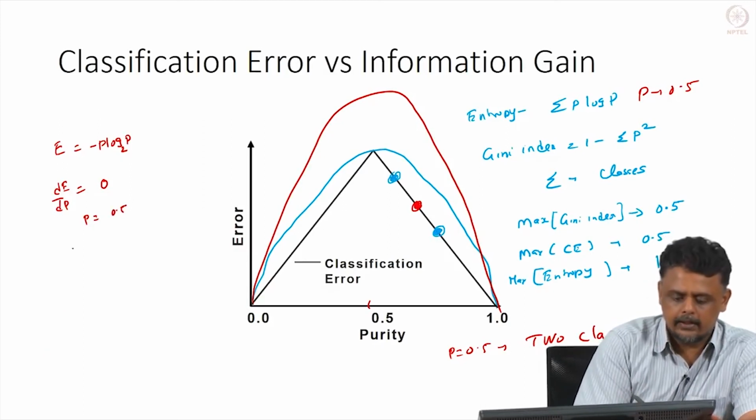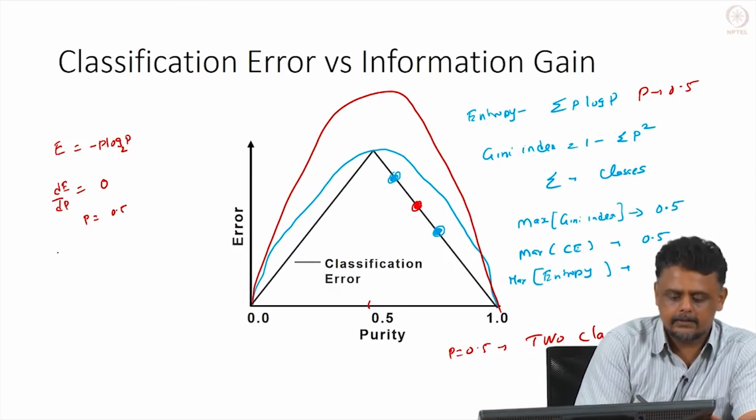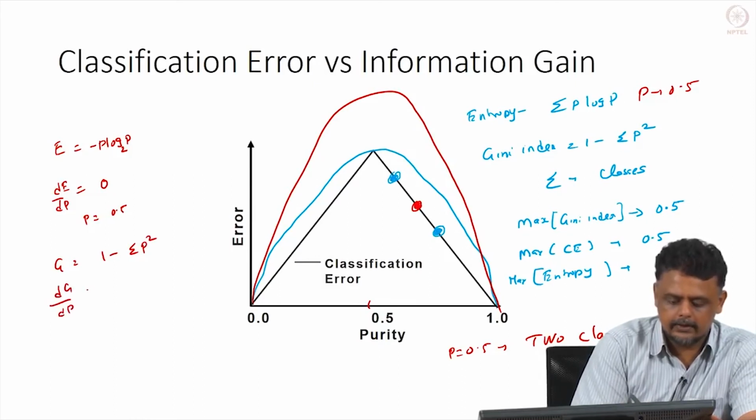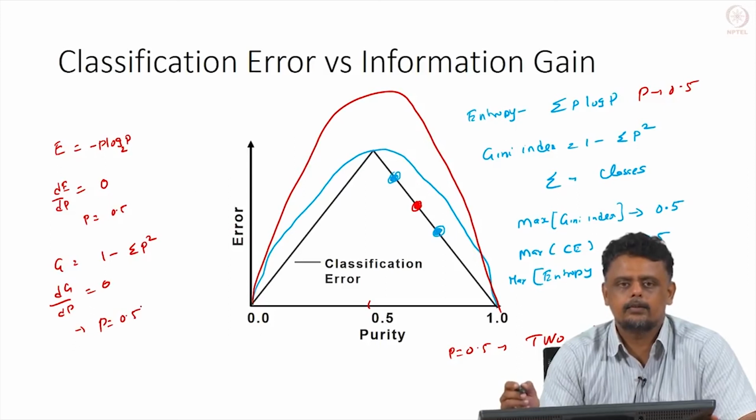You can do the same thing for a 2 class problem for the Gini index, where I call this G, which is 1 minus summation P squared. Once again you can take dG over dP and set that equal to 0, and you will get P equal to 0.5. So that is very easy to calculate.